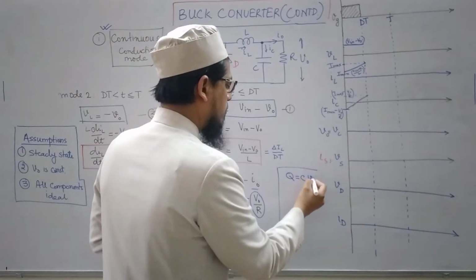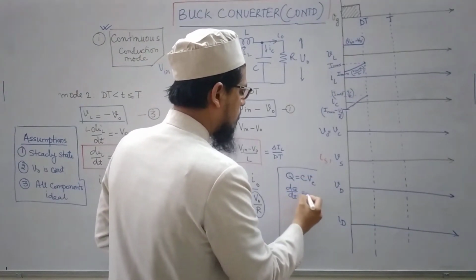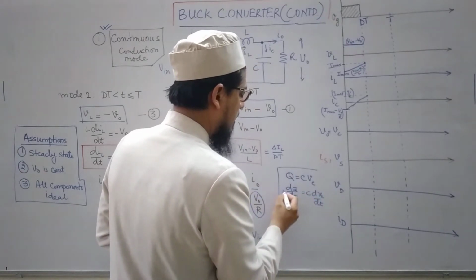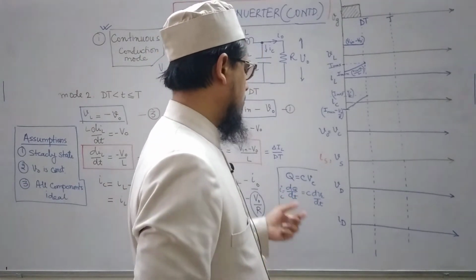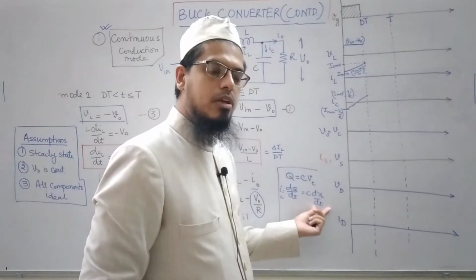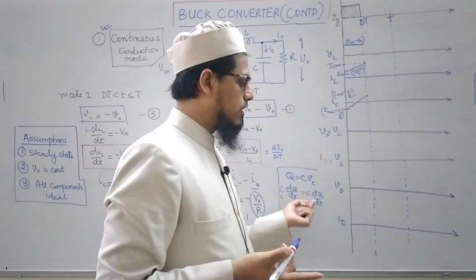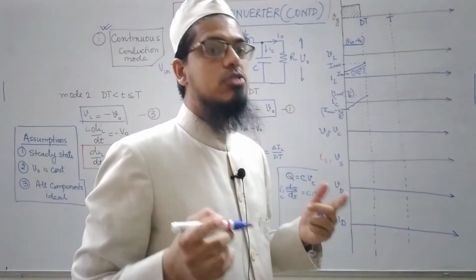If I differentiate it, dq by dt equals C times dVc by dt, and this is nothing but the current through the capacitor. So Ic is C times dVc by dt. If I am assuming that Vc is a constant, then this term will vanish. Consequently, Ic will become equal to 0.